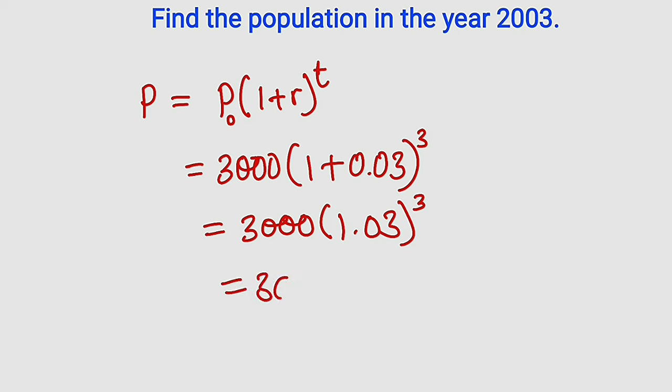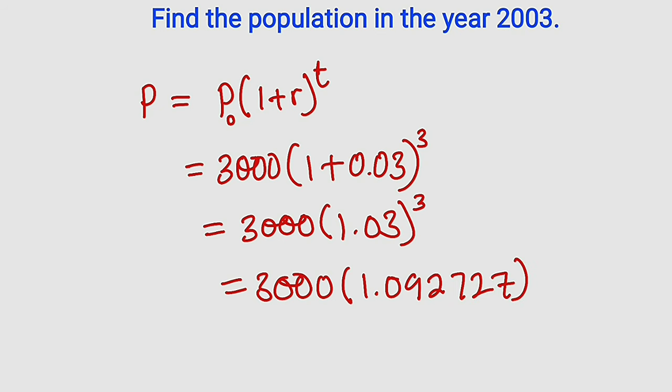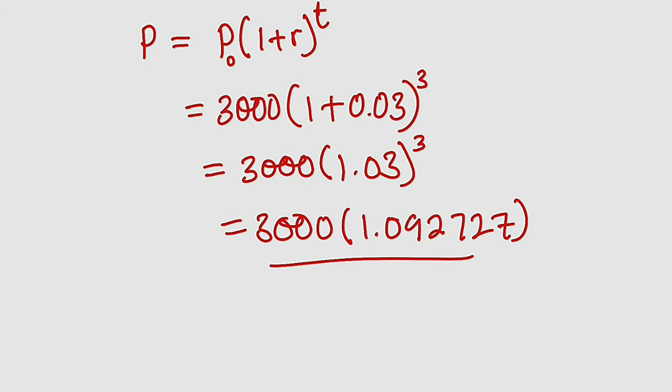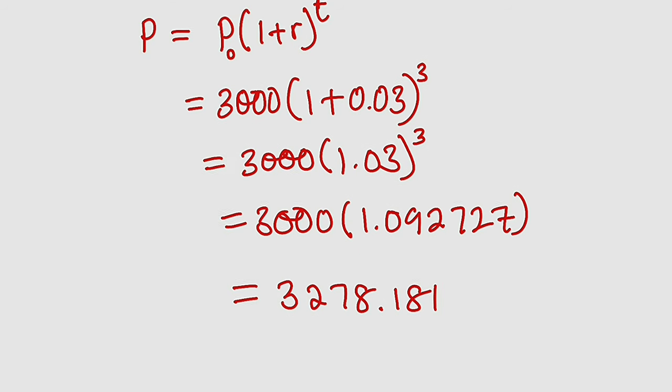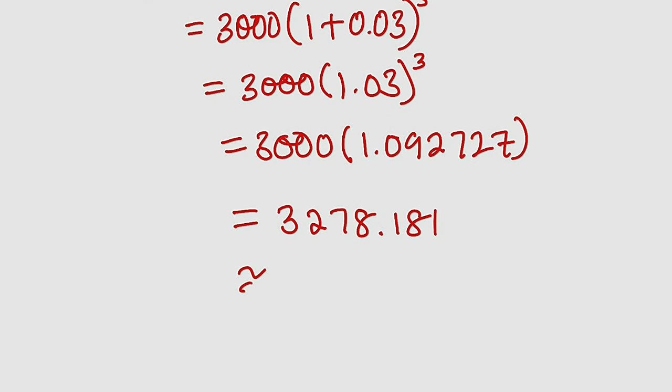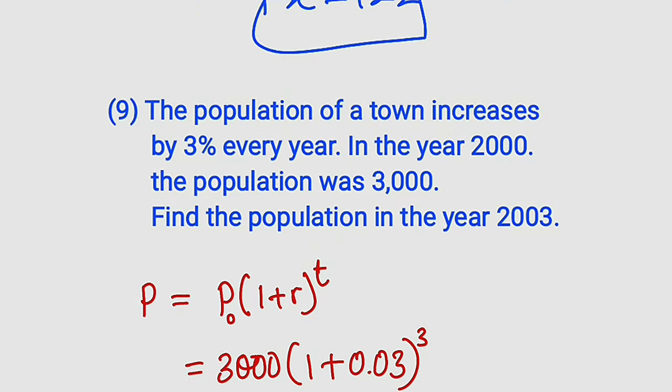And this will be 3,000 multiplied by 1.092727, right? Then we use 3,000 and multiply by this, and that will give us 3,278.181. But remember, we are talking about population, so we have to approximate it to 3,278. And this is the answer to this problem.